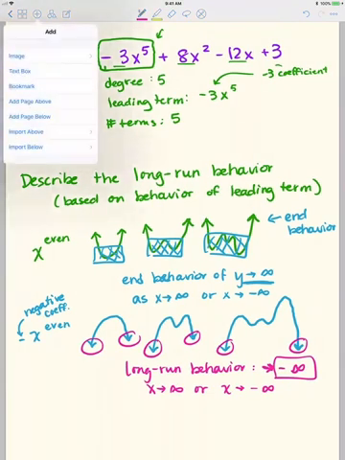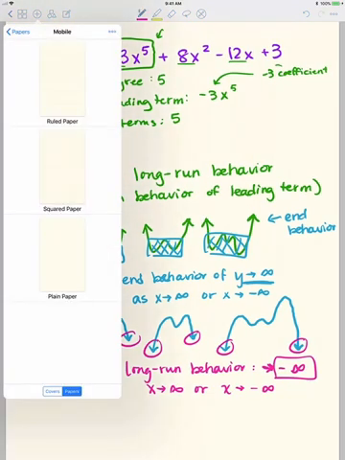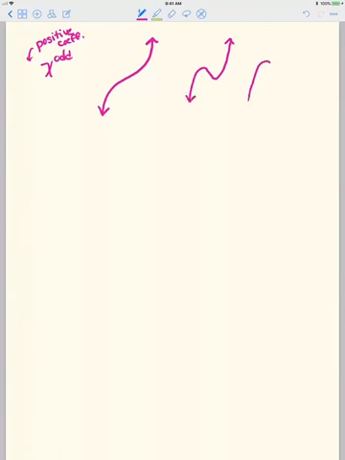Whenever you have an odd power, like the third, the fifth, the seventh, if there's a positive coefficient on that leading term, then it'll take the shape where the ends go in opposite directions. It may have some humps, changing the concavity, it may have a few of them. But the thing that's going to happen is that the ends go in opposite directions.